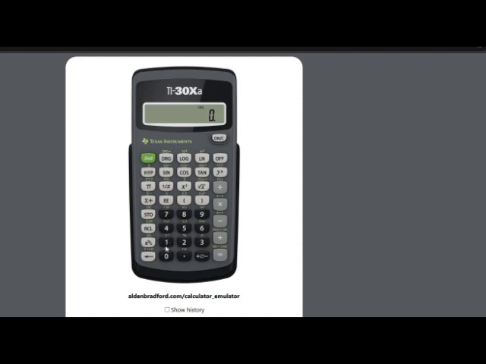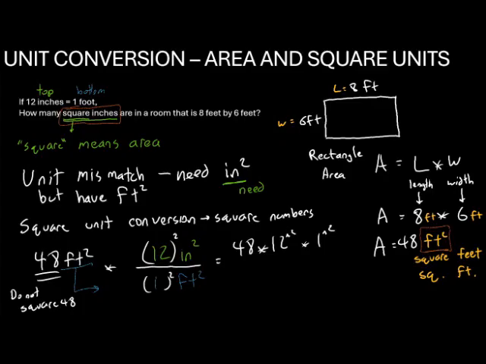To take 12 to the second power, we'll enter 12, and then we'll press this key that says x squared on it. This gives us 144. If we do the same thing to the 1, let's enter 1 and press the x squared key. And you can see that we still have 1. Let's now rewrite the expression. We'll have 48 multiplied by 144 because that was 12 squared, multiplied by 1 because that's 1 squared.